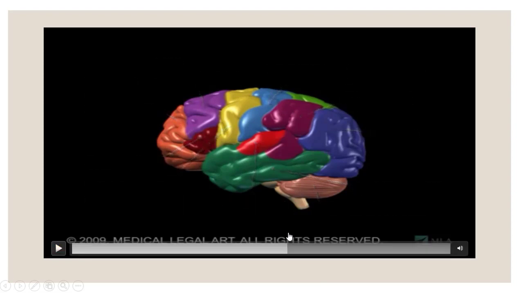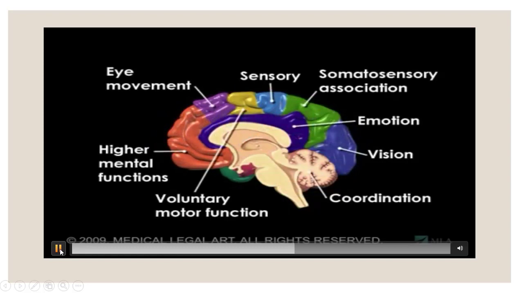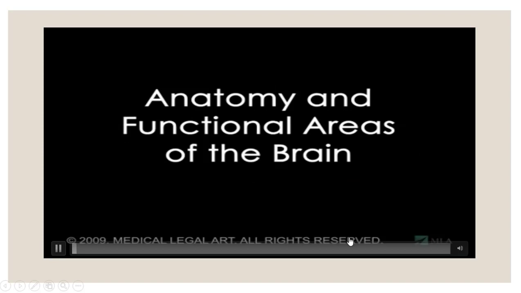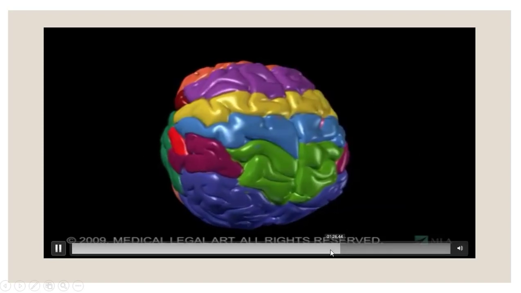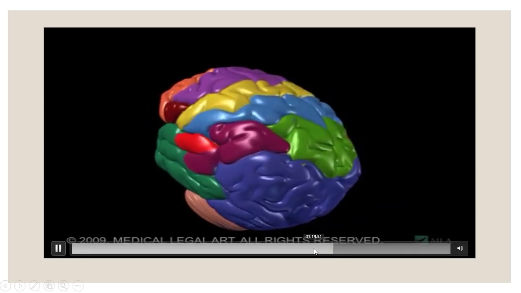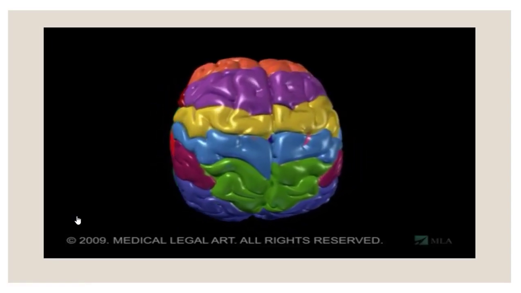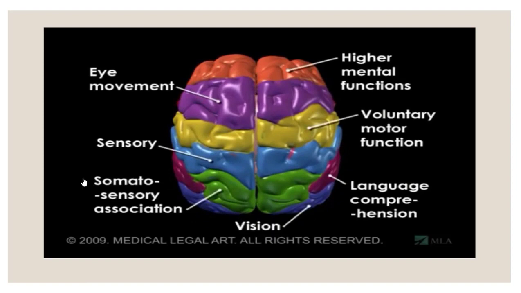Now we will show the important sensory points, or the sensory function centers, inside the brain. Like we show, the brain has many points: ear, movement, sensory, emotional, vision, coordination, high mental function, and voluntary motor. Now we will show the same points from the top view.